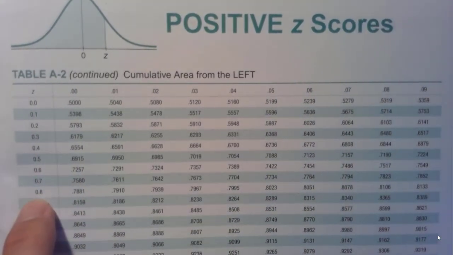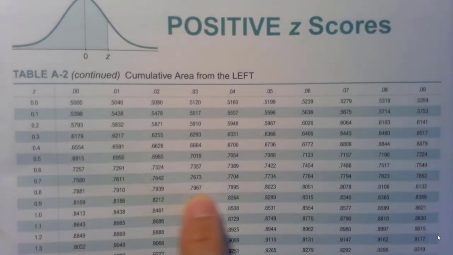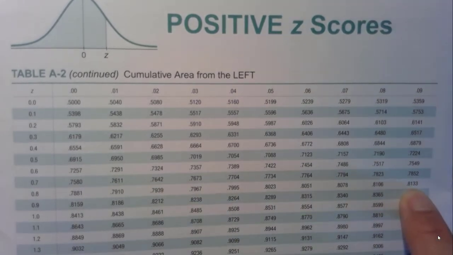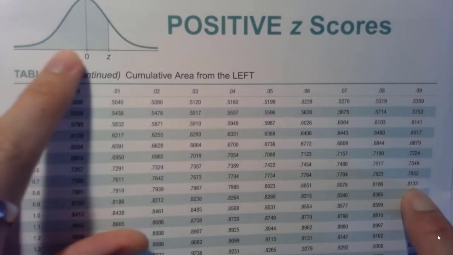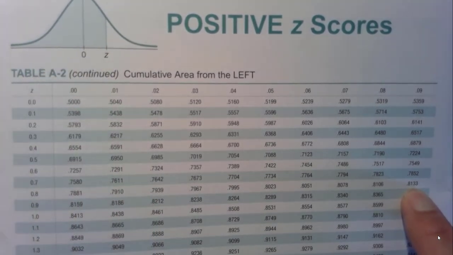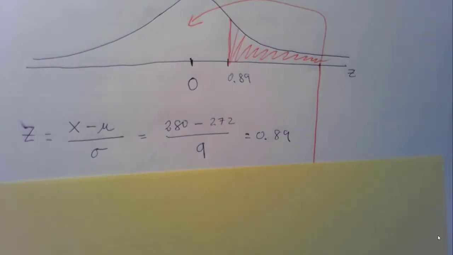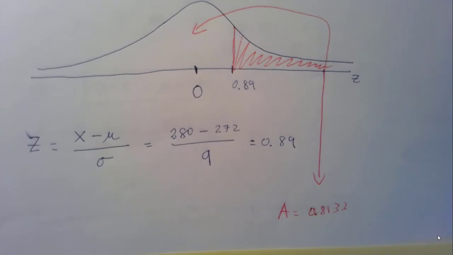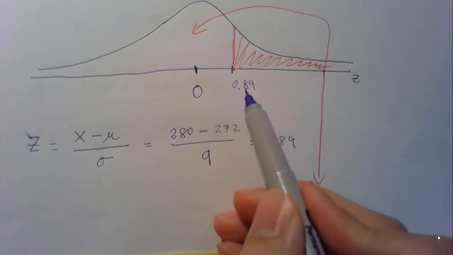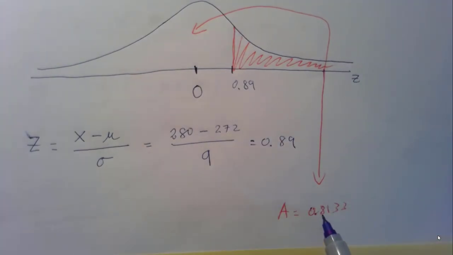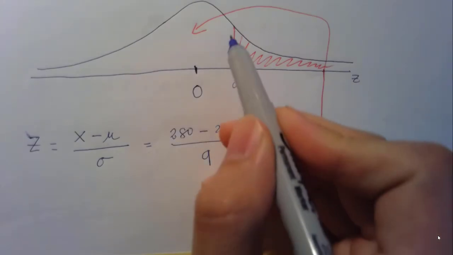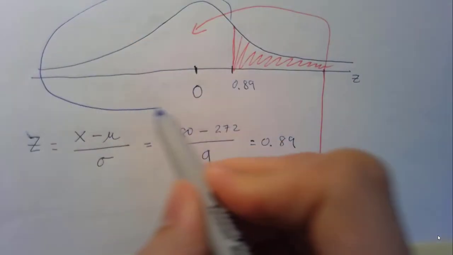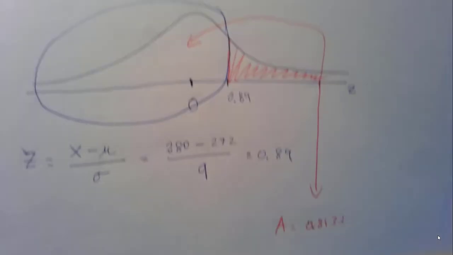That should give me 0.8133. And remember, that is the area to the left side of that z-score.